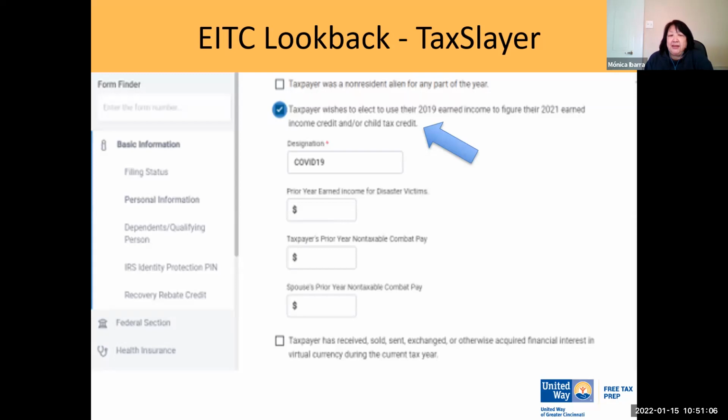But if you don't have that, it doesn't matter. You just go through, you see that the amount earned in 2021 was less than the amount earned in 2019. You do the regular return.